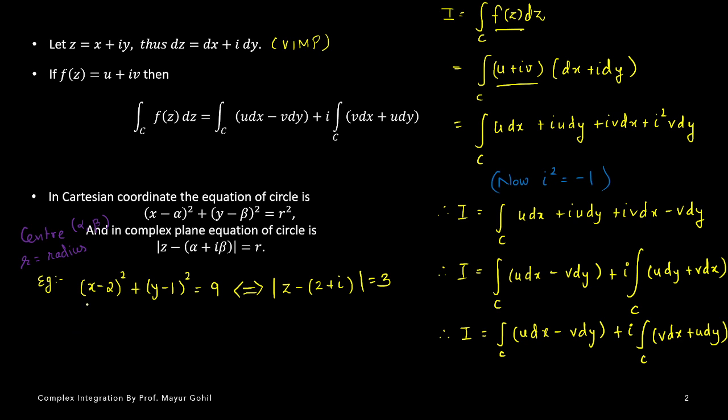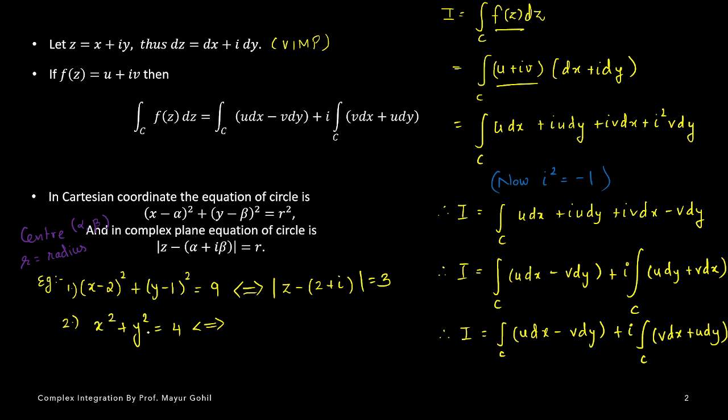Now if we take another example, let's say x square plus y square equals, say, 4. Since here you don't see any number in place of alpha and beta, it means alpha and beta are 0.